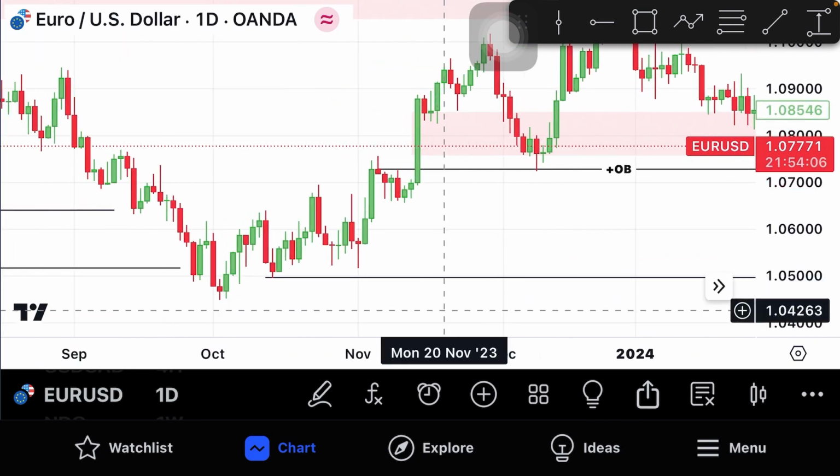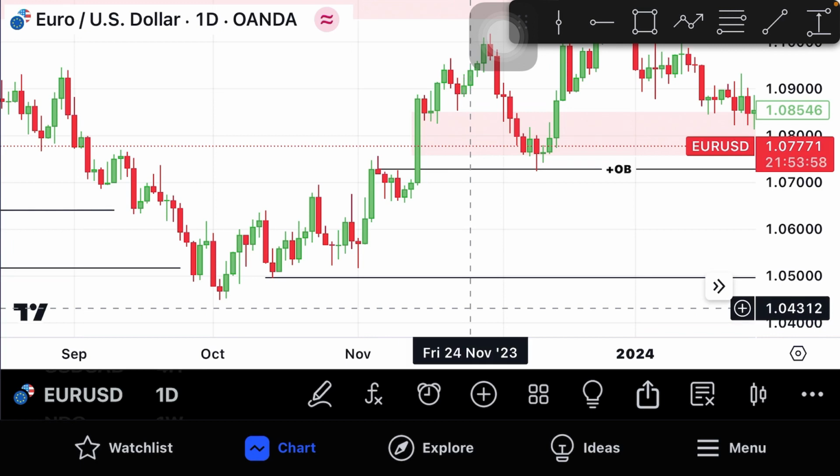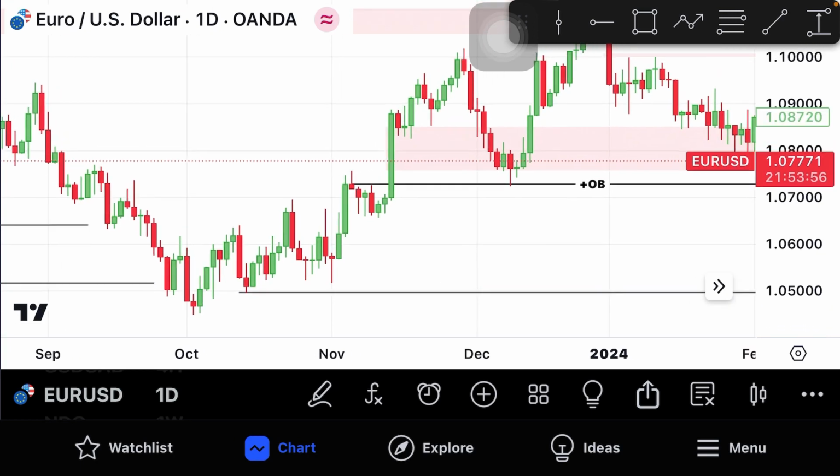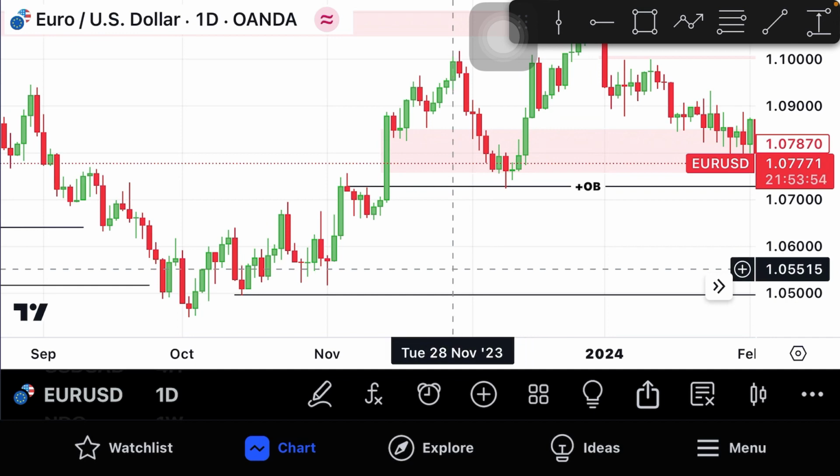From here, this was Monday, this was Tuesday, the high was created. Wednesday sold off. Tuesday was the same. Friday was kind of inside range. This was Monday, Tuesday, Wednesday. Here it was Wednesday that the high was formed.